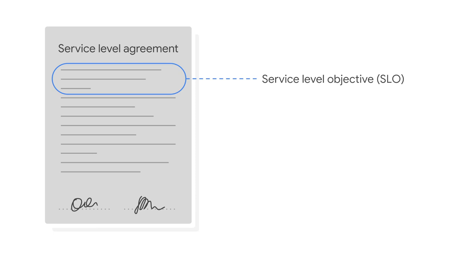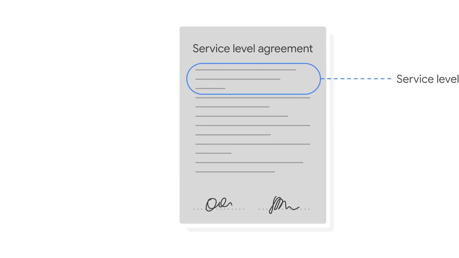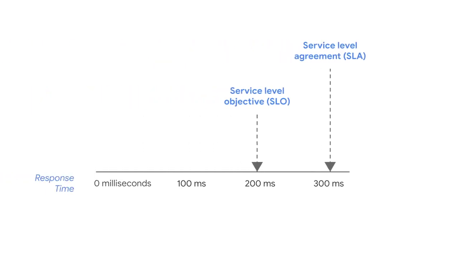A service level objective, or SLO, is a key element within the SLA. It's the goal for the cloud service performance level, and it's shared between the cloud provider and a customer. If the service performance meets or exceeds the SLO, it means that end users, customers, and internal stakeholders are all happy.